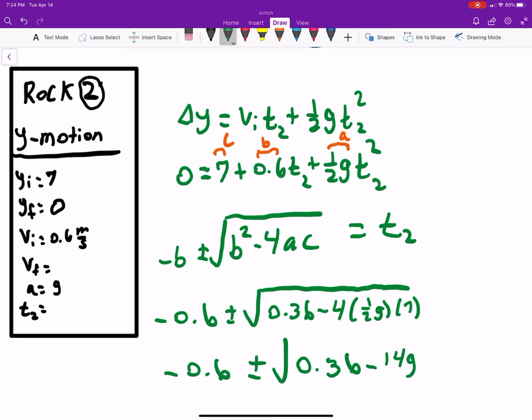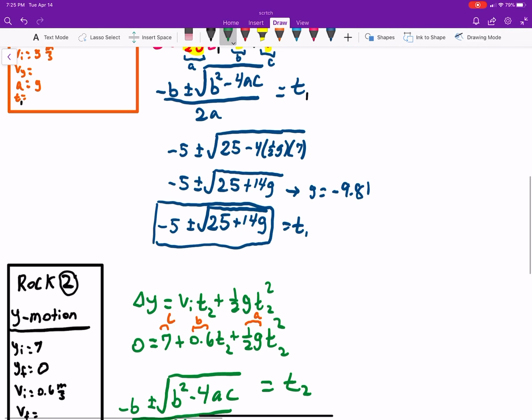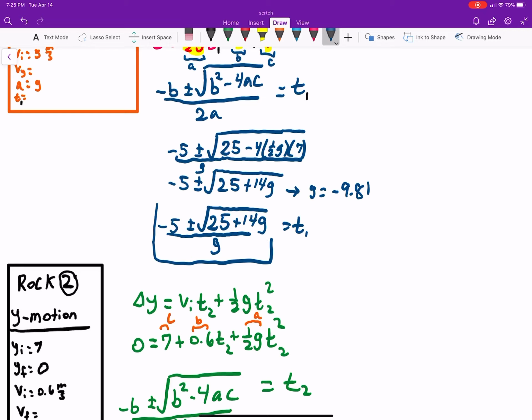And also, the equation has 2a, but a is actually 1/2 g, so let me correct myself up here. This should all be over g. The 1/2 cancels with the 2, but I forgot g is also part of that.